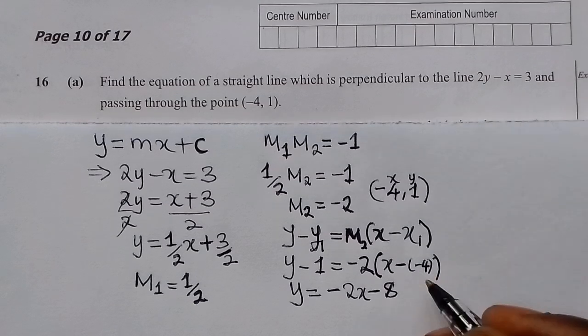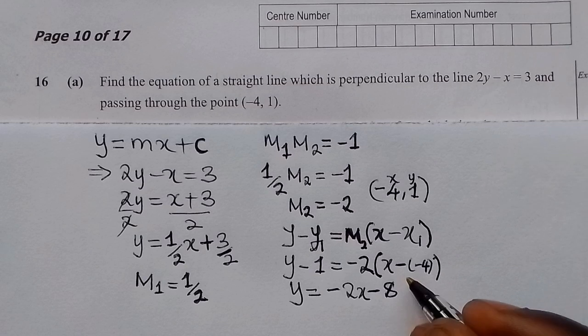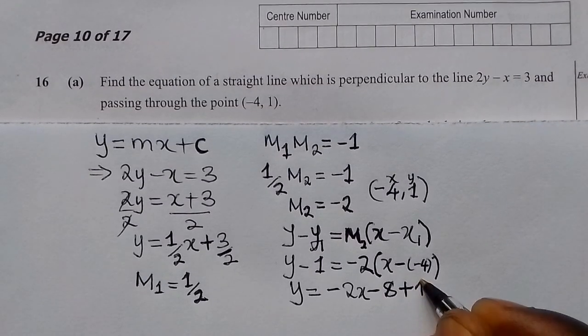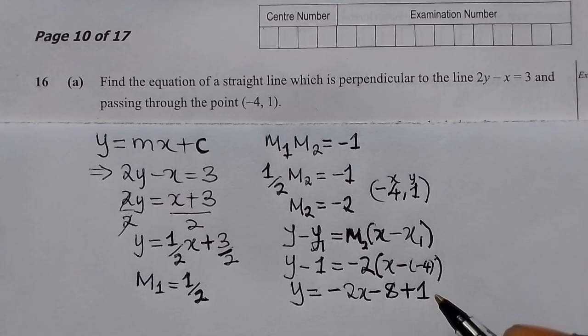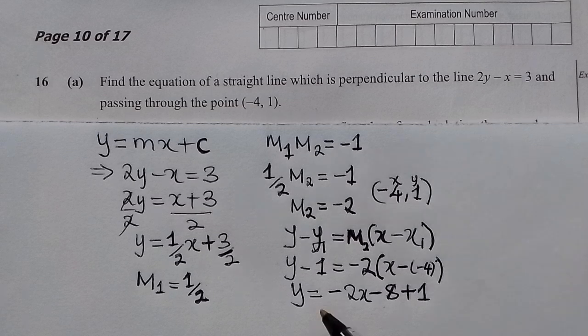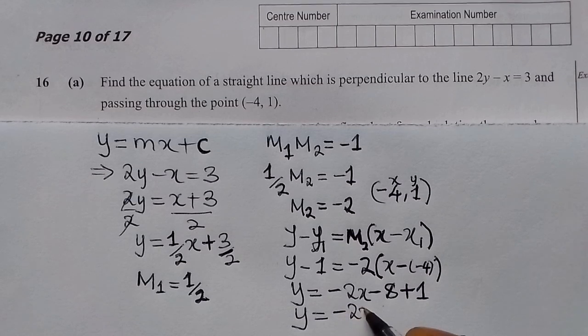Then let's not forget there is this one which we're saying we'll move it. So this means that this will be +1. So what do we get when we add -8 plus 1? -8 plus 1 gives us y equal to, here we say -2x.